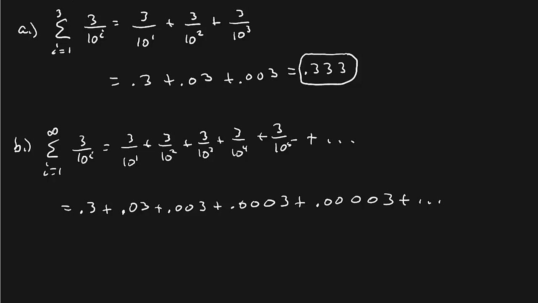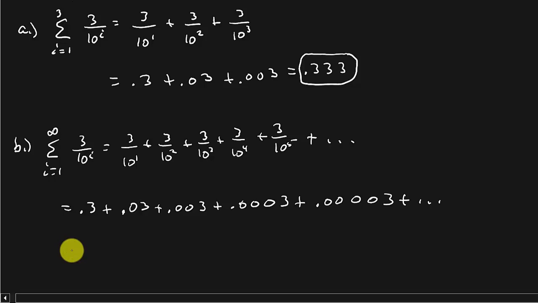So if we went to 10 to the 6th, that would be 0.000003. Okay, so each term is just adding a 0 and pushing that 3 back a decimal place. So this is equal to point, and the 3's would keep repeating. Okay, and we know this is 1/3. So that would be that sum there.